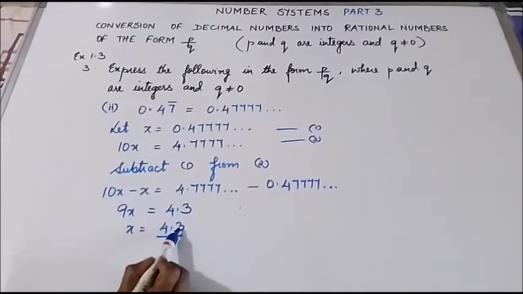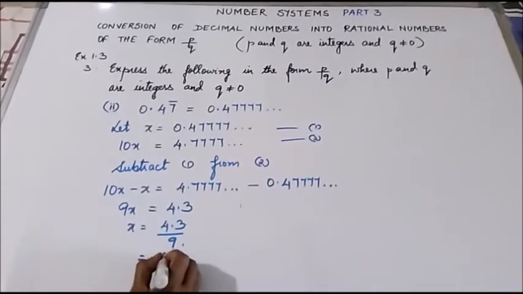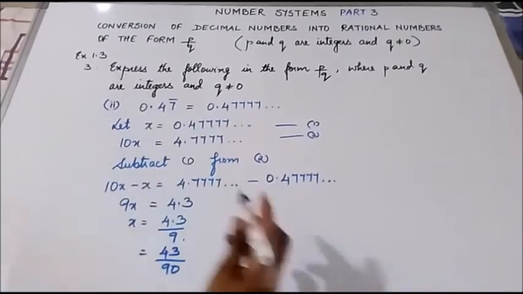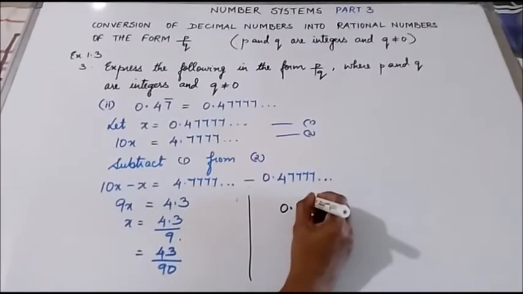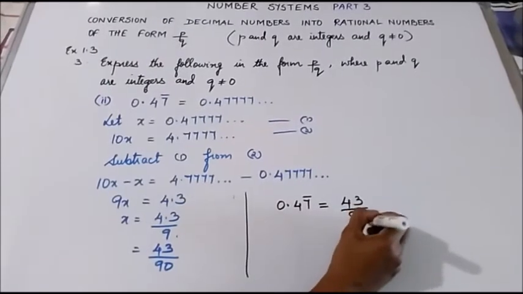Now 4.3 is not an integer, so we multiply numerator and denominator by 10. We will get 43 by 90. Hence we can say 0.47 bar, where the bar is over 7, can be expressed as 43 by 90.